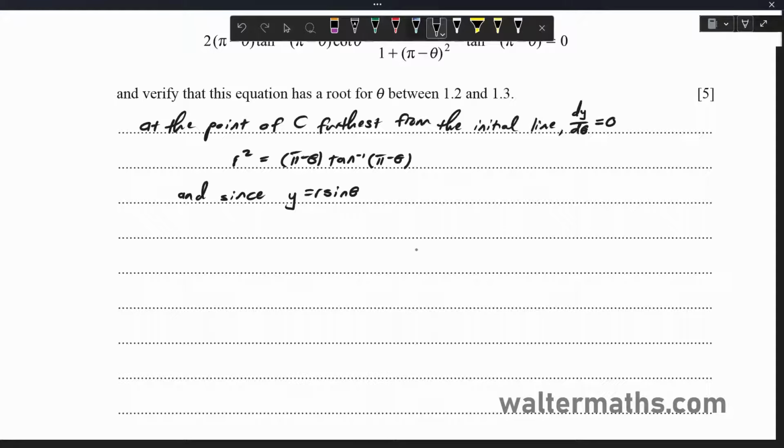So since we know that y is r sine theta, we can make r the subject to say that r is y over sine theta, which would mean that from our equation, which says r squared, we'll be having y squared over sine squared of theta being equal to pi minus theta of arctan of pi minus theta.